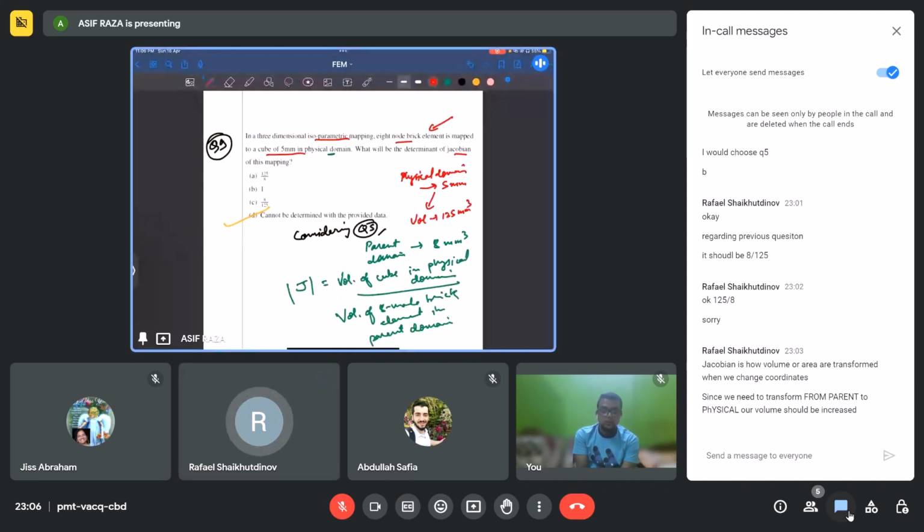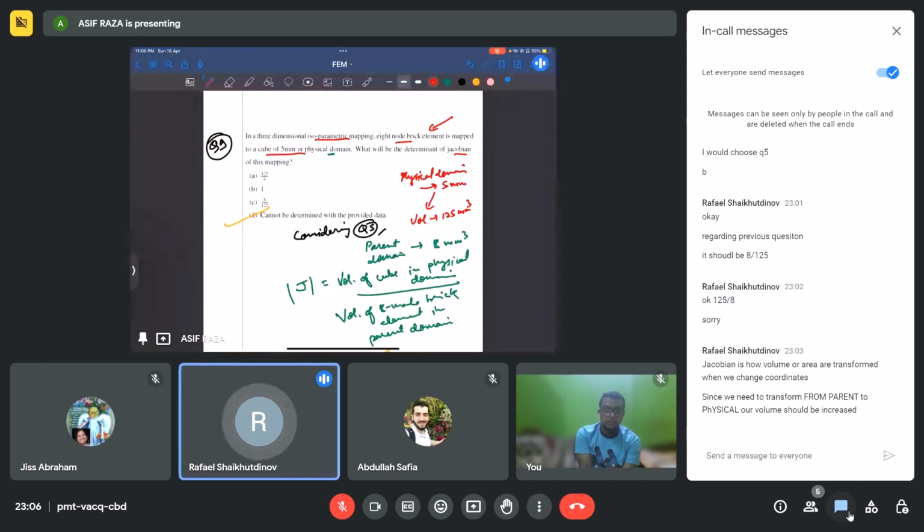I believe if we have not stated the element, it's a standard brick element, like -1 to 1 in each dimension.